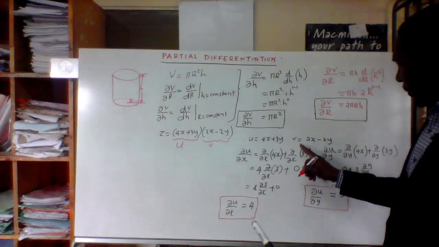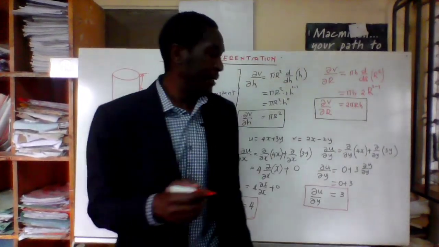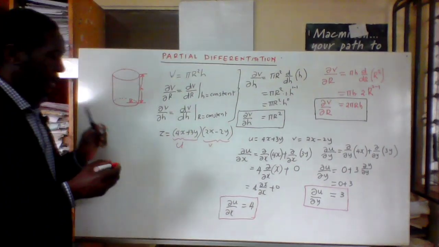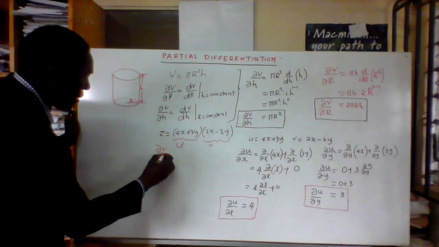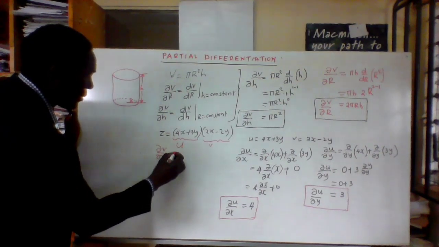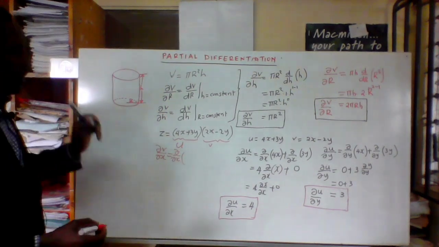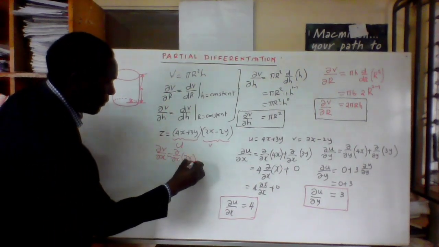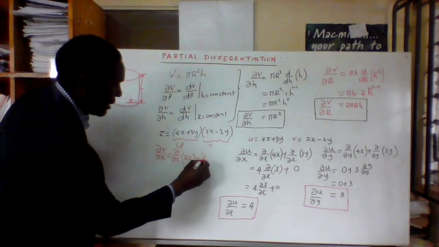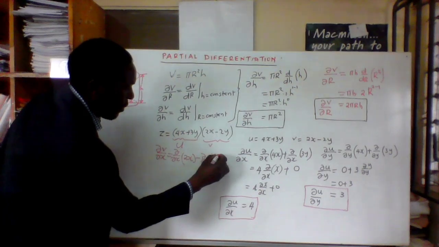We can also do the same for v. Then we have the partial derivative of v with respect to x. So the partial derivative of v with respect to x is equal to the partial derivative with respect to x of 2x. Then we have minus the partial derivative with respect to x of 2y.